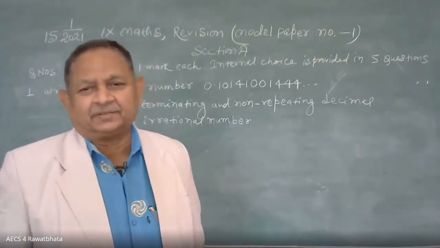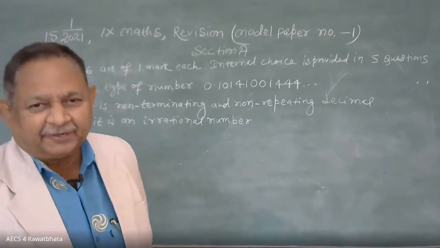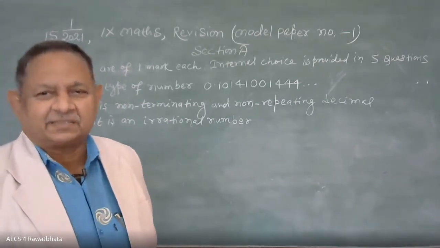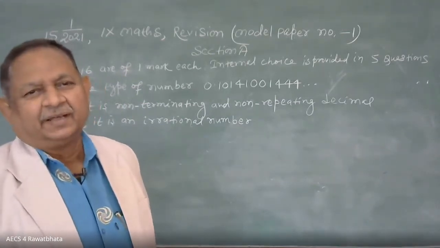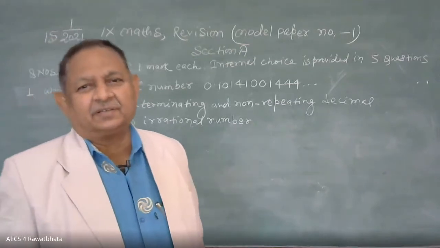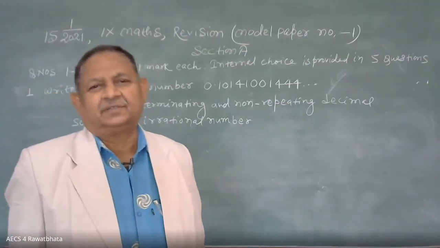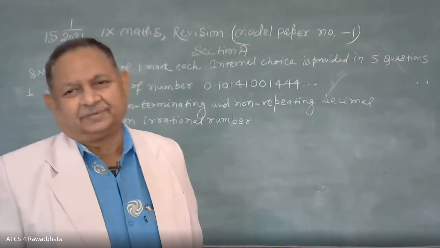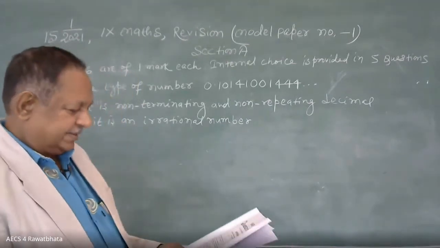Non-terminating but repeating will be rational number, and non-terminating, non-repeating is an irrational number. Second question.